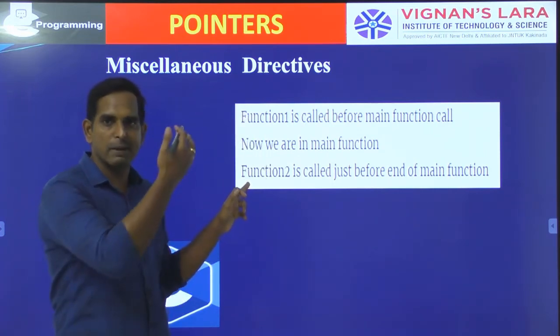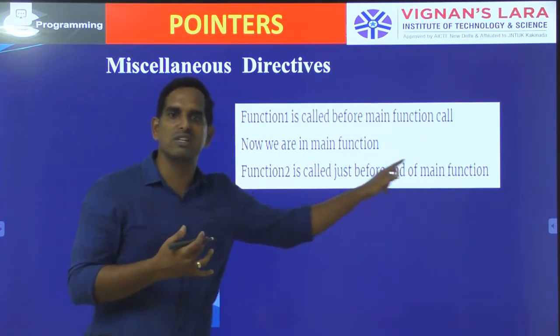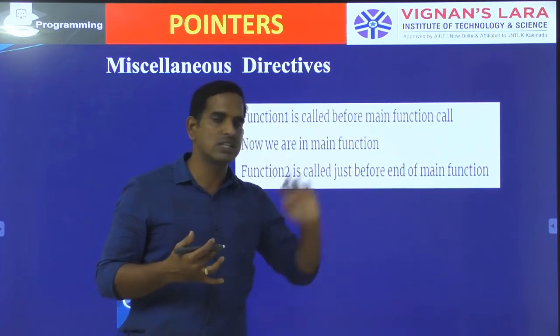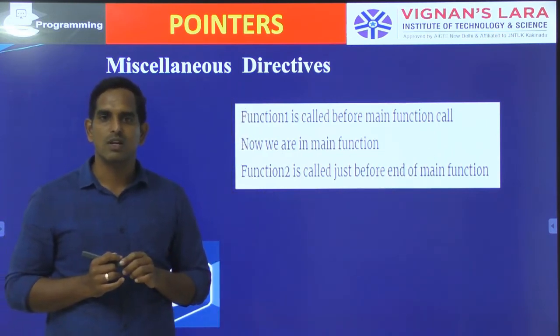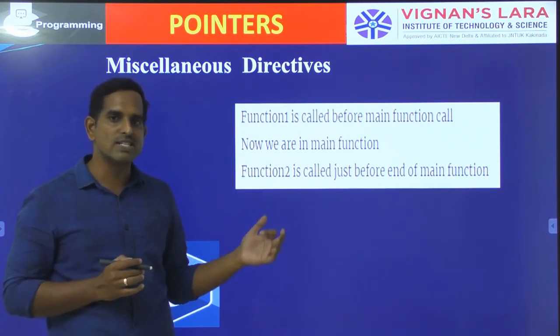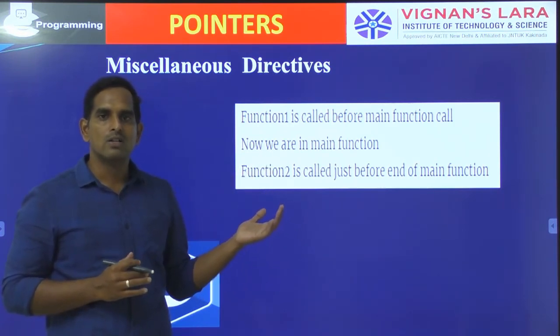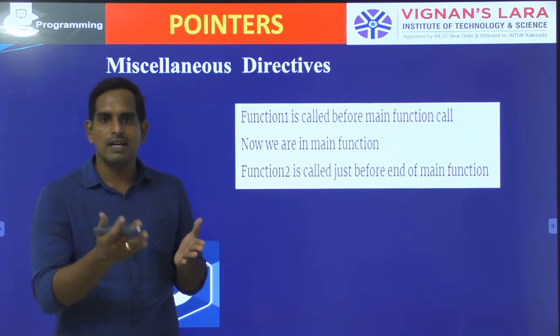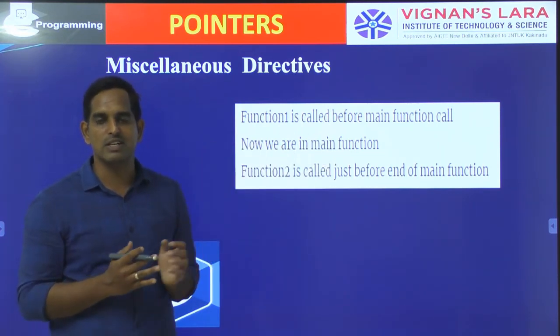Then after the main function is executed, I am giving the Pragma exit, that is, function 2 is called just before the end of your main function. So in this manner you can use the Pragma directive to provide additional information to the compiler, whether to execute a function before the main function call or at the end of your main function call.